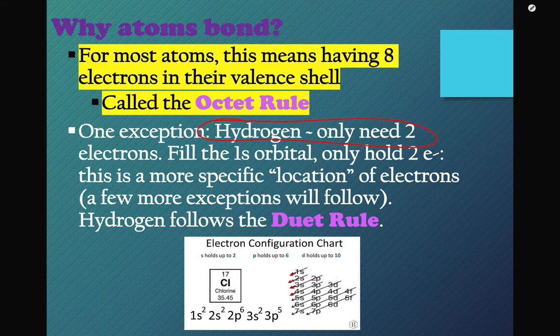Or you can think about it in terms of the noble gases, in that helium, a noble gas, only has 2 electrons. That's the reason why hydrogen is one of the exceptions to the octet rule. It doesn't need 8, because hydrogen being so small, 2 will be enough. And again, because it's similar to a noble gas.